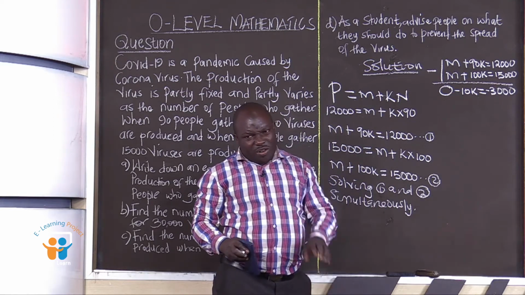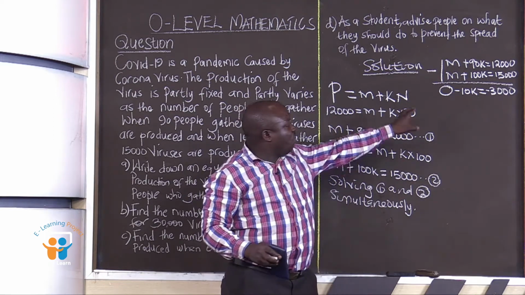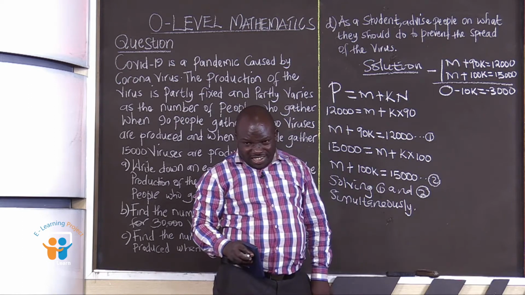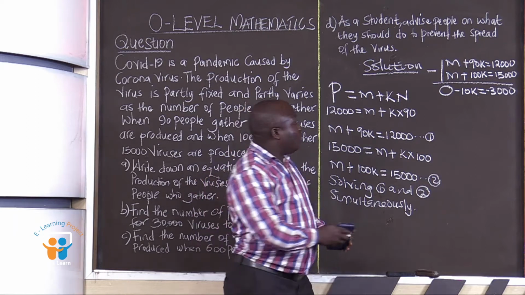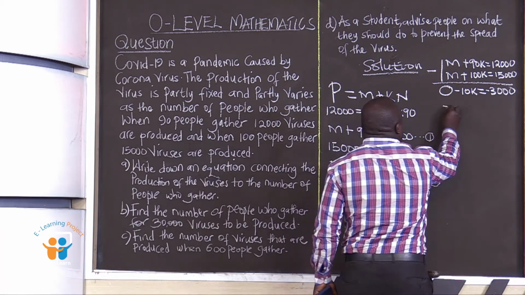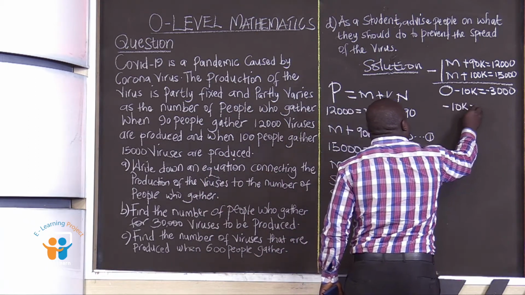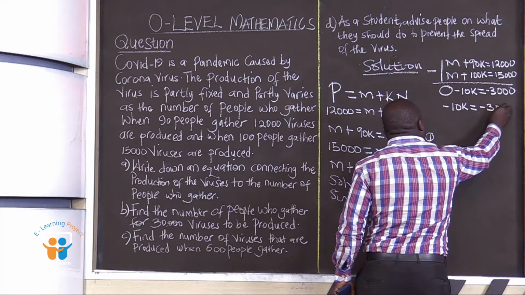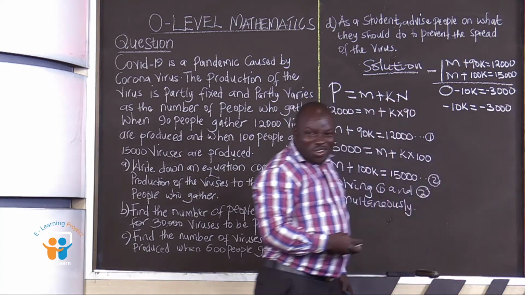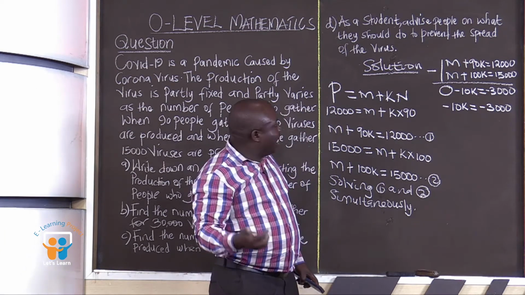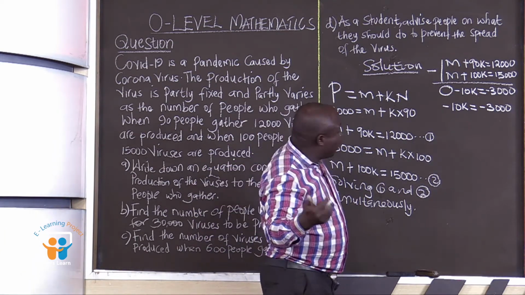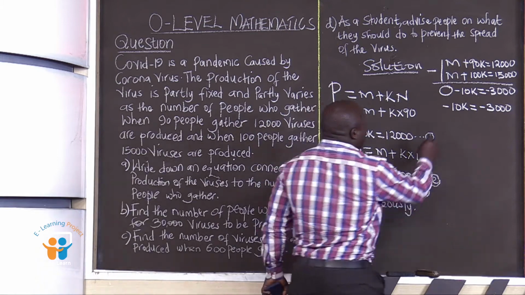Now, according to the knowledge we have of solving linear equations, can't we really solve for k? Let's try to see whether we can. Negative 10k equals negative 3,000. What should we do to get a value of k? Yes, Ogwal. Ogwal is telling us that we divide both sides by negative 10. It is very okay.